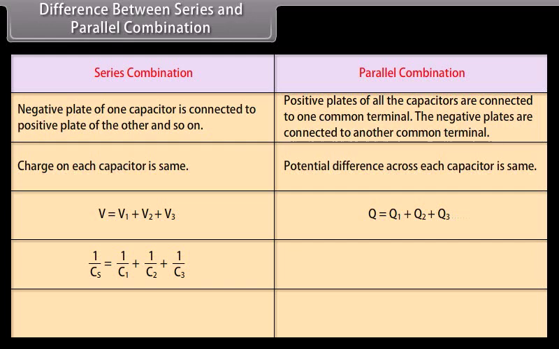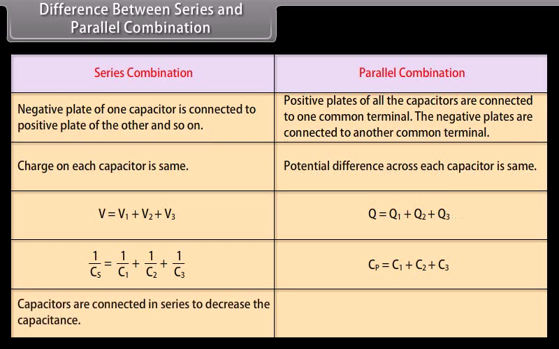Whereas in parallel combination, Cp is equal to C1 plus C2 plus C3. In series combination, capacitors are connected in series to decrease the capacitance. Whereas in parallel combination, the capacitors are connected in parallel to increase the capacitance.